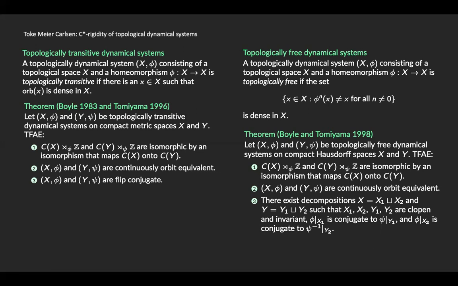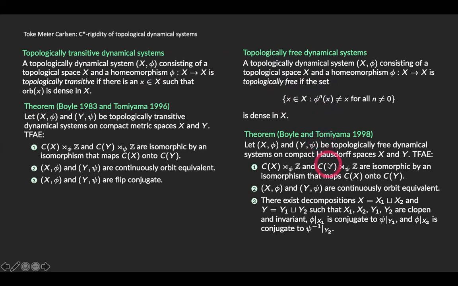But if the space is infinite, then if a system is topologically transitive, then it's also topologically free. But you need it to be infinite, because in a finite space every point will be periodic. So in the infinite case, topologically transitive implies topologically free.